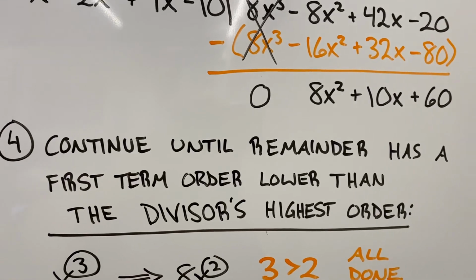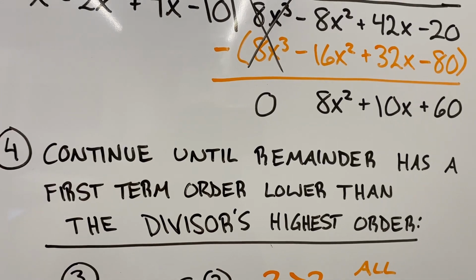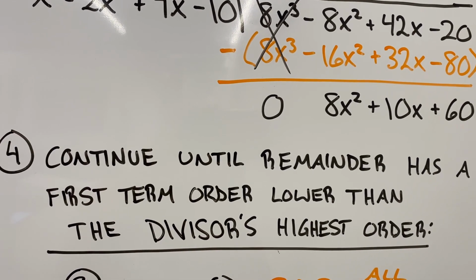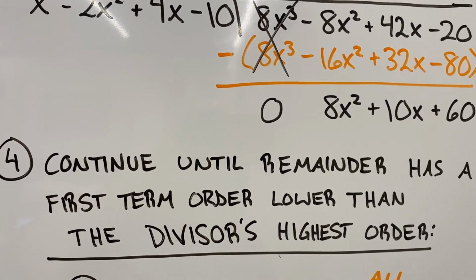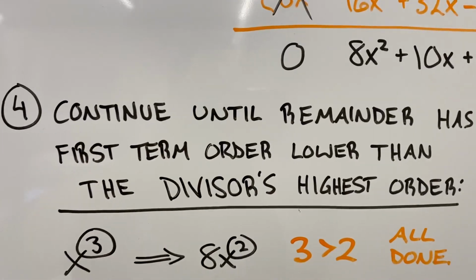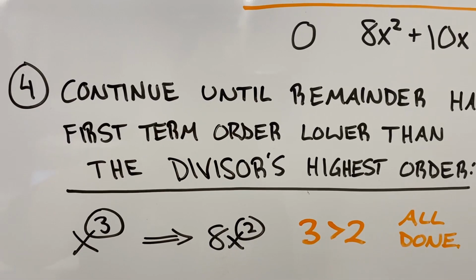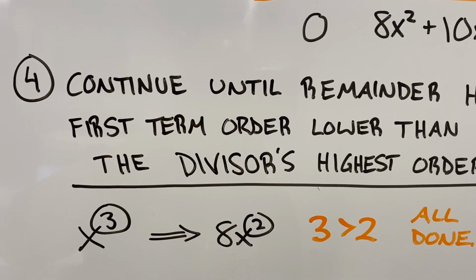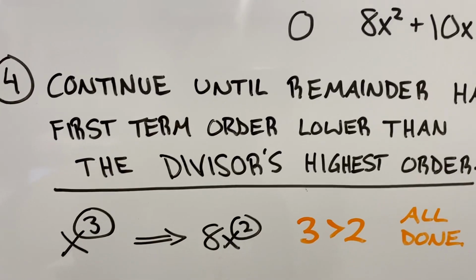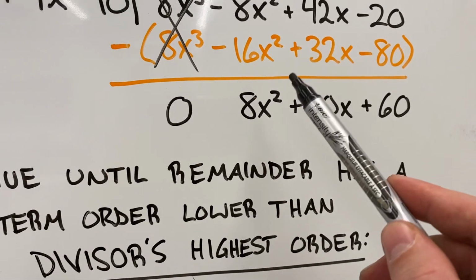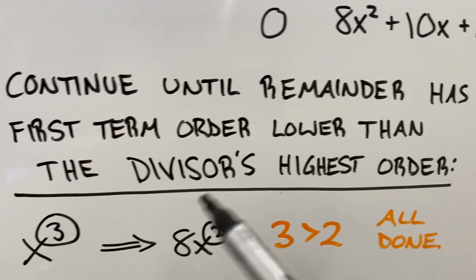Next, we're going to continue until the remainder has a first term order lower than the divisor's highest order. The divisor's highest order was 3. The remainder that we have now has a highest order of 2.